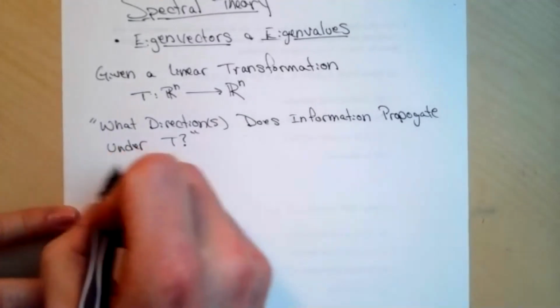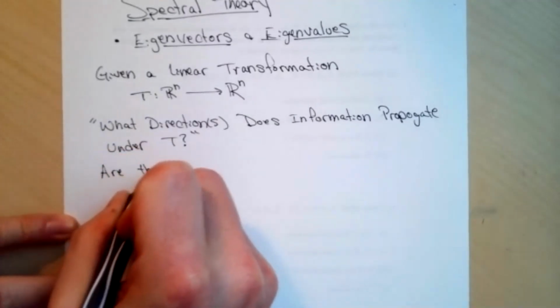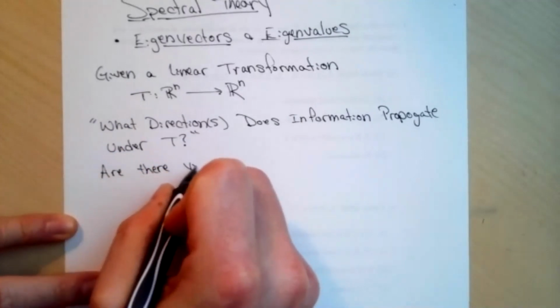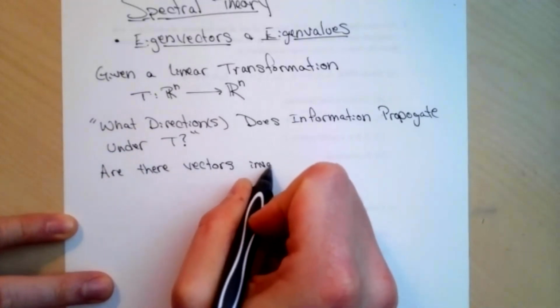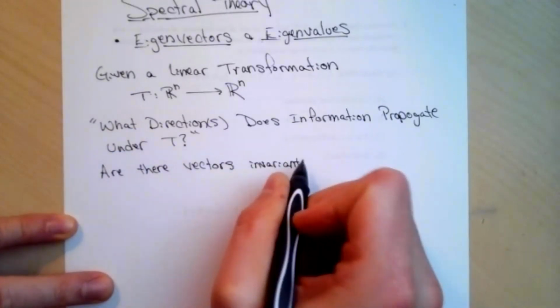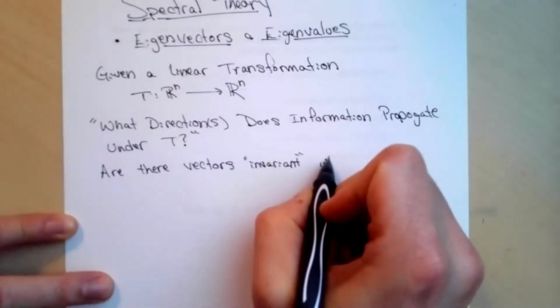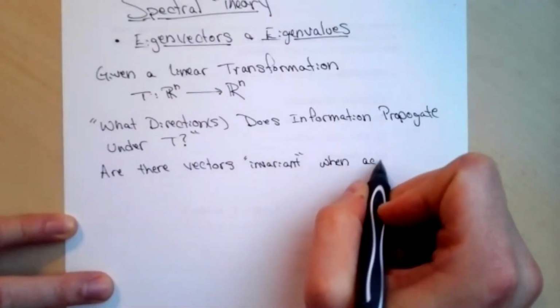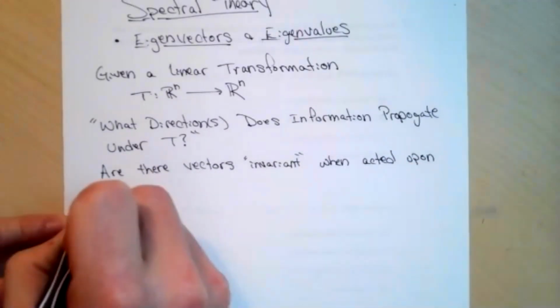Another way of phrasing this is, are there vectors that are invariant when acted upon by T?